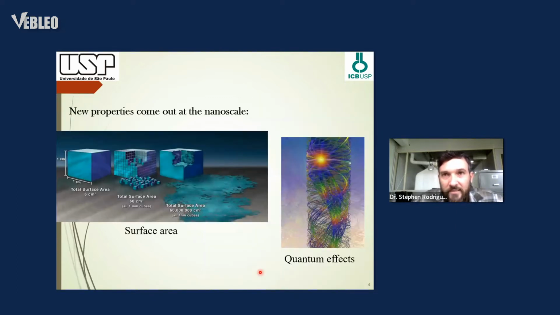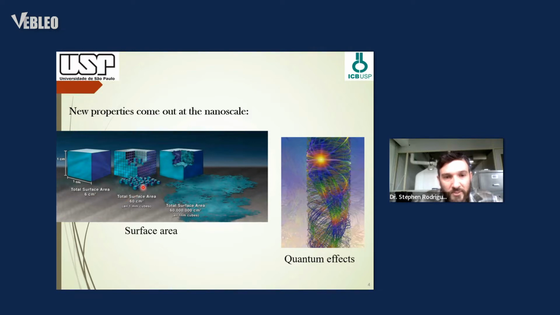And what is so intriguing about substances with this size? In this nanoscale, the surface area becomes really larger. As you can see in this figure, if you have a square with 1 centimeter sides, the total area is 6 square centimeters.